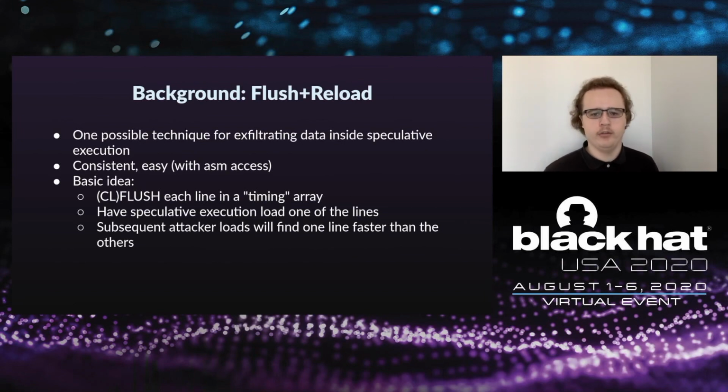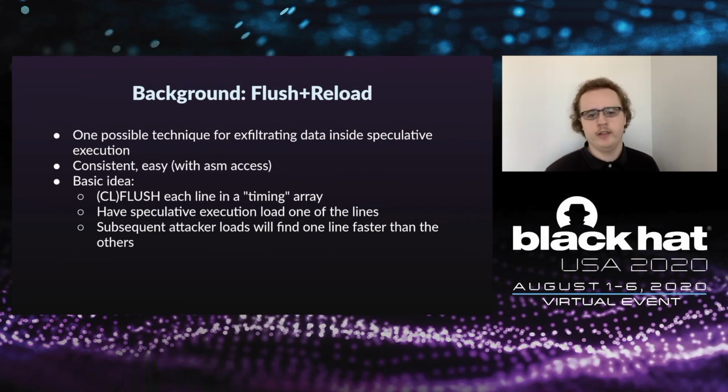This can be done through like a JavaScript interpreter, for instance. The basic idea is that you have a timing array, and before you run whatever part of code you want to get data out of, you CLFLUSH that entire array out of memory or out of cache, so that any accesses to it will force a memory read. You then go through with your speculative execution and have the speculation load a cache line.